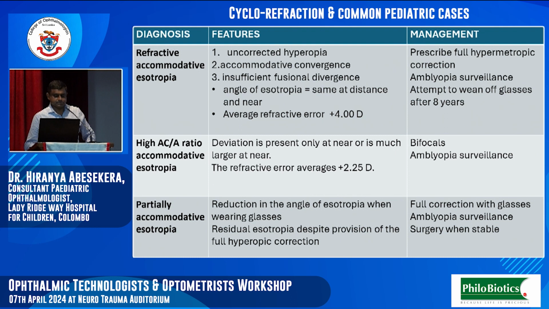AC/A ratio patients need bifocals, flat top bifocals. And the other group is partially accommodative esotropes. They need single vision hypermetropic glasses. And they are at a very high risk of developing amblyopia compared to other groups. And they need surgery at some point down the line when the angle is stable.